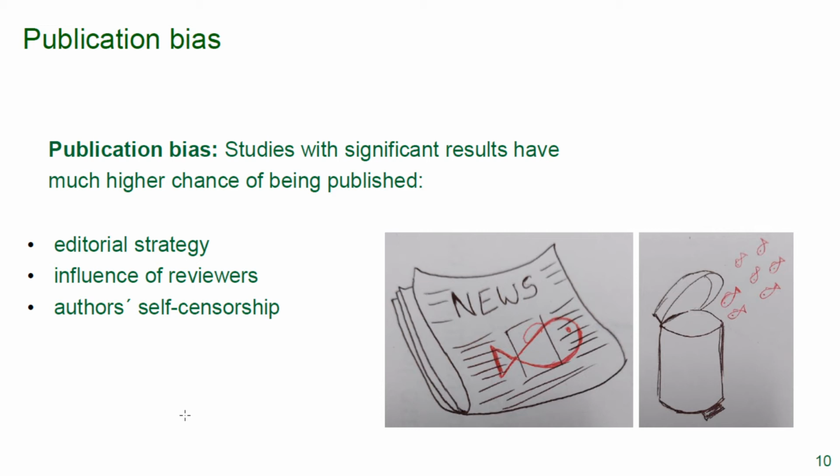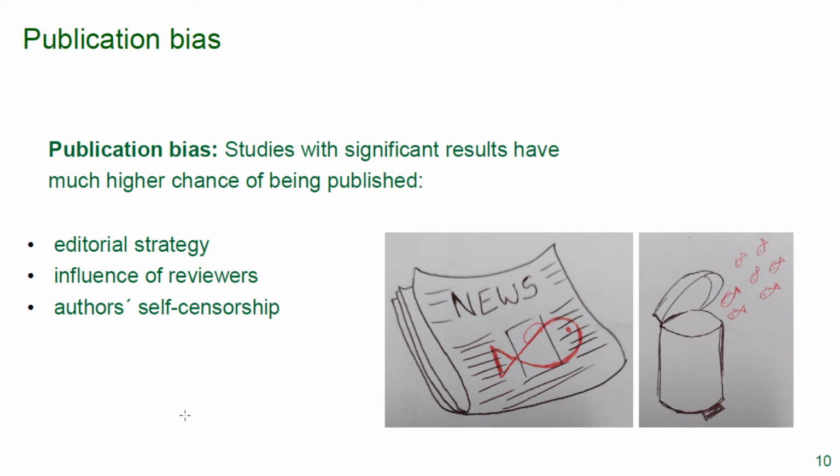Now I would like to come to my second topic, publication bias, which is at first view not related to fishing for significance, but we will see that there are some connections. Studies with significant results have a much higher chance of being published, which leads to the so-called publication bias. The literature is biased. This is due to different factors like editorial strategy or influence of reviewers, because both editors and reviewers are more interested in, more impressed by significant results.